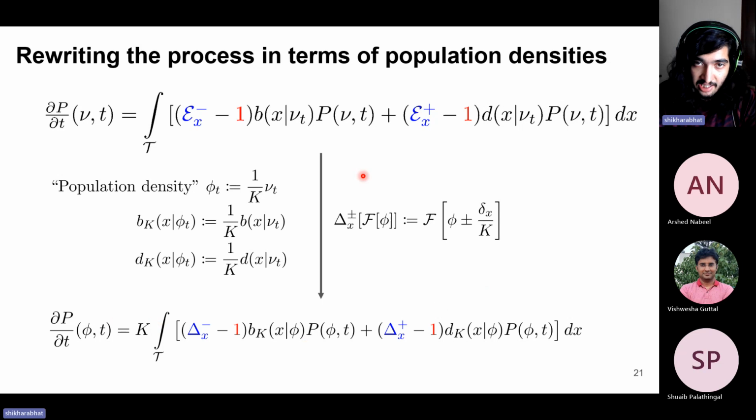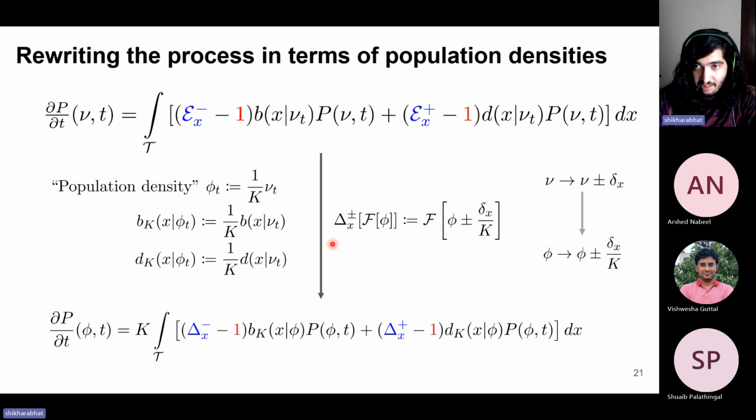Here, P of phi t is the same as P of nu t. It cannot change. K times bk is b of x given nu. And k times dk of x given phi is d of x given nu by our assumption. And we have changed our step operators accordingly.